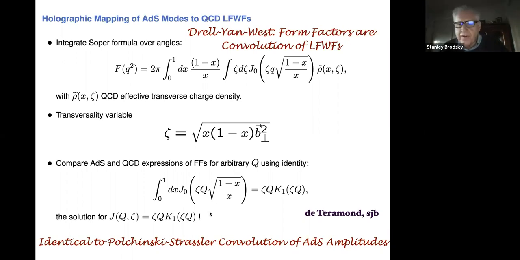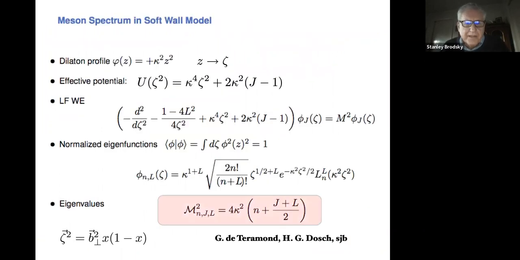So the first way we actually discovered this duality between z and zeta is the fact that the Drell-Yan-West form is the same as the anti-de Sitter space result for the same form factor. It's rather remarkable.